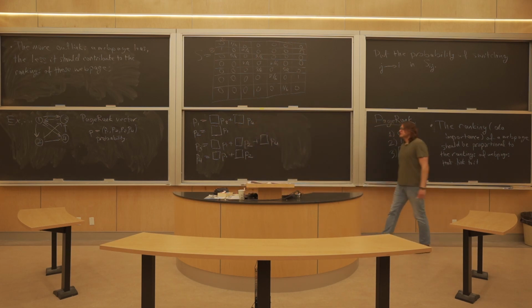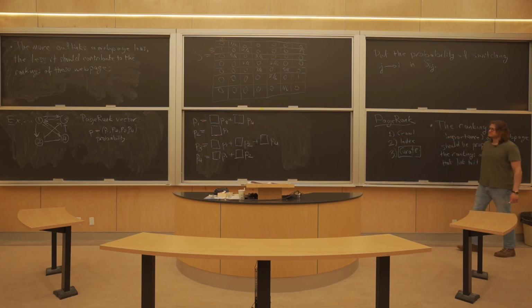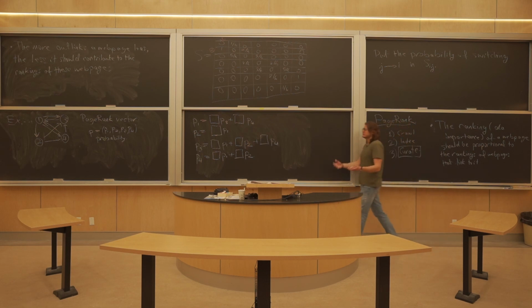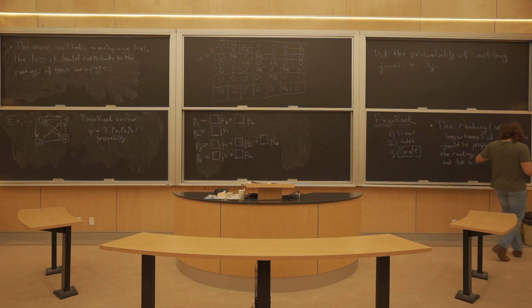Of course, at this stage, we recognize this as a system of linear equations, and it's a matrix after all, once I factor out this P vector, or the entries of it. So this is the first stage. So far, we use only this assumption, right? So the ranking of a web page should be proportional to the rankings of the web pages that link to it.